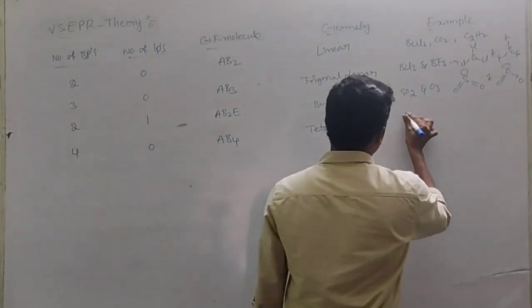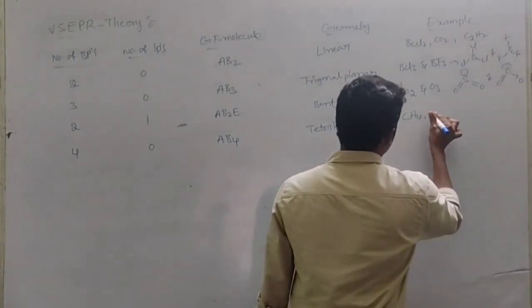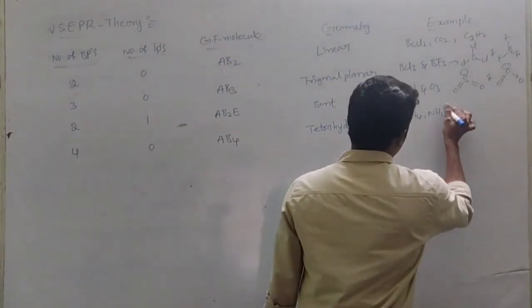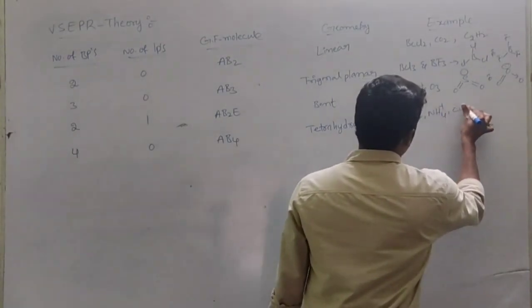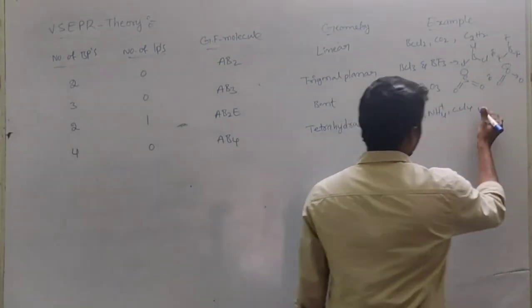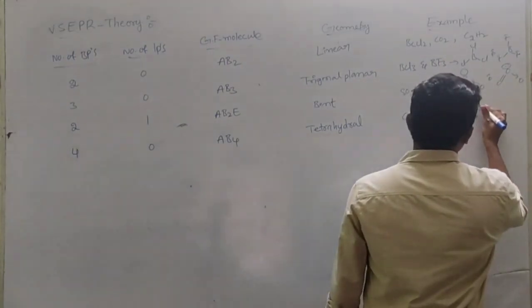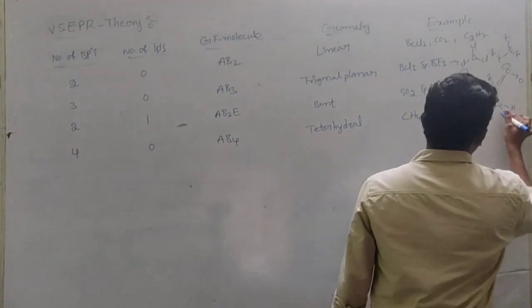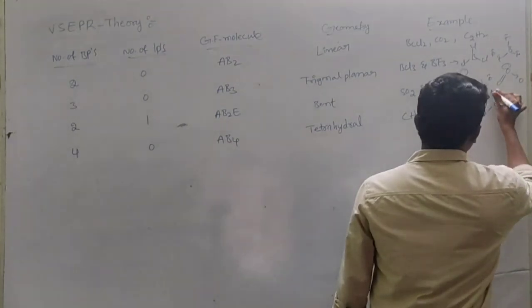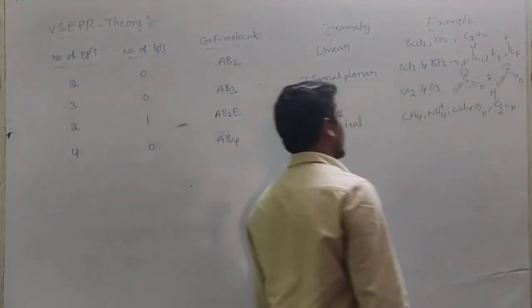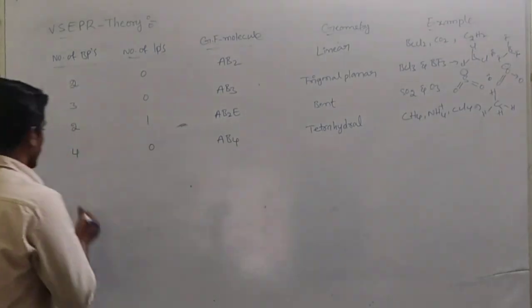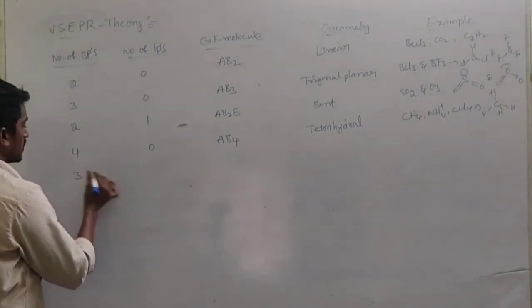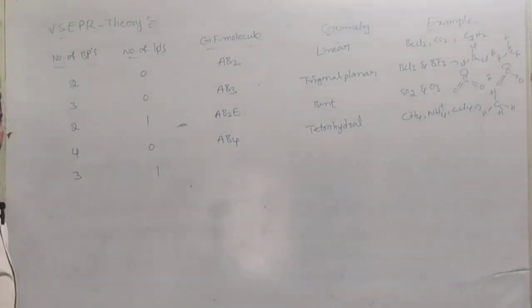So examples are CH4 methane, ammonium and carbon tetrachloride. So its structure looks like this. This is the structure of methane molecule.